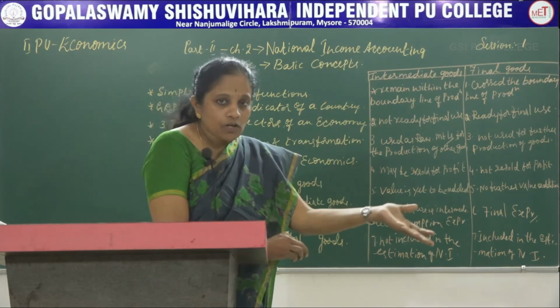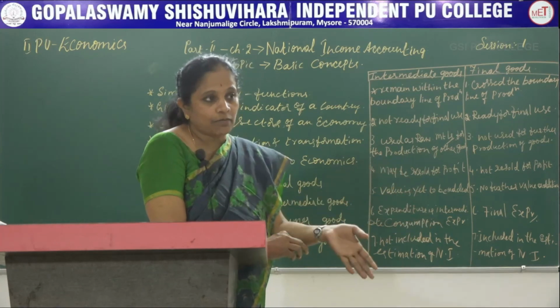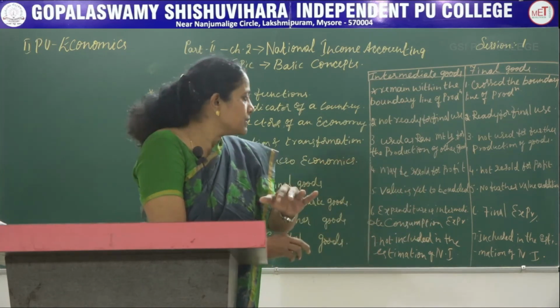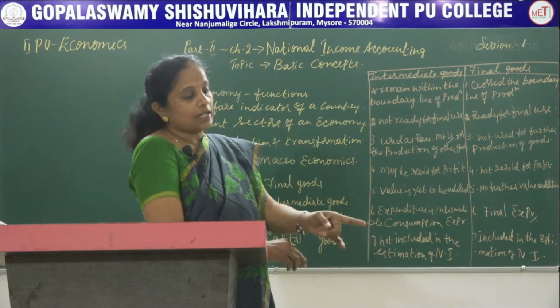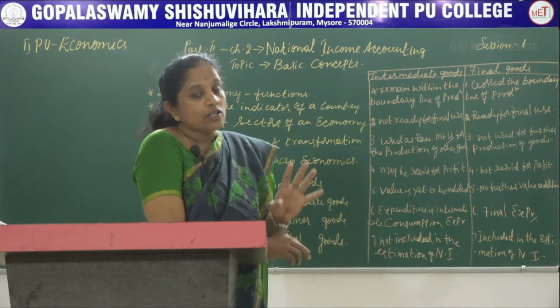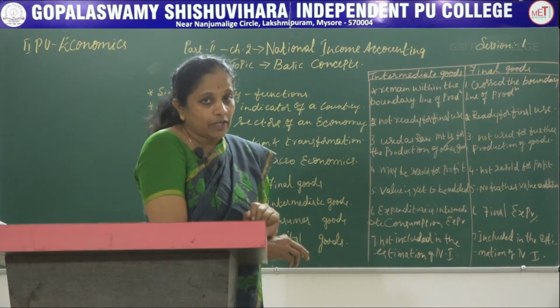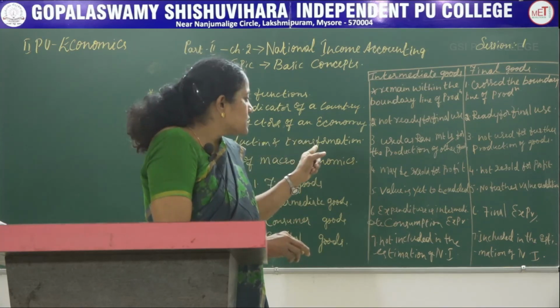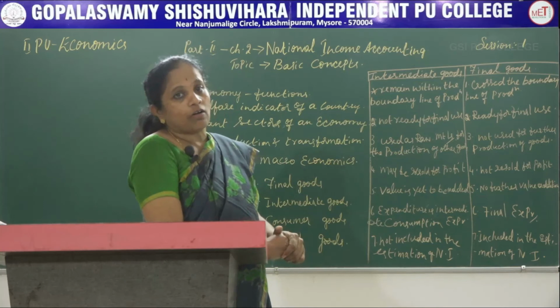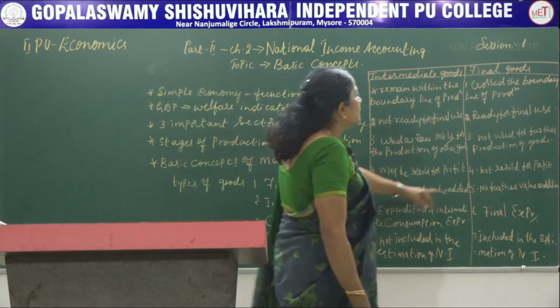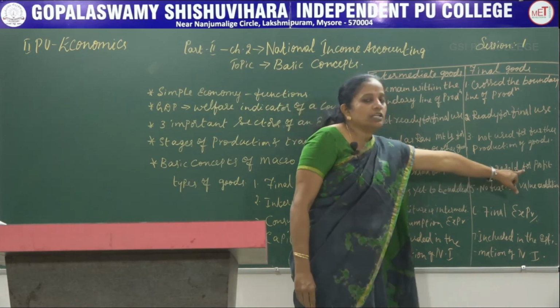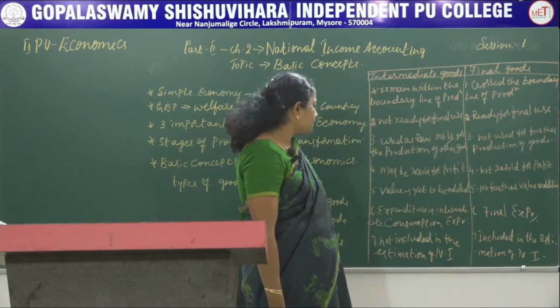One person doesn't want those books and sells them for 50 rupees, and another person needs the book, and the shop owner, the bookseller, sells it for 75 rupees. So he keeps a profit of 25 rupees. Here the books that are resold are called intermediate goods. The final goods are not resold for profit.